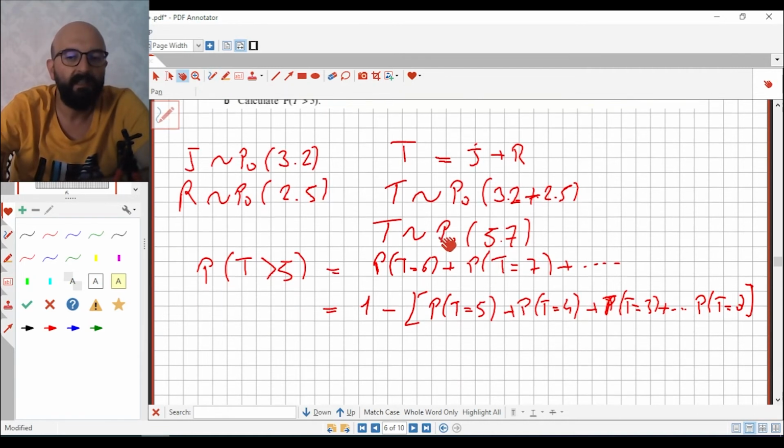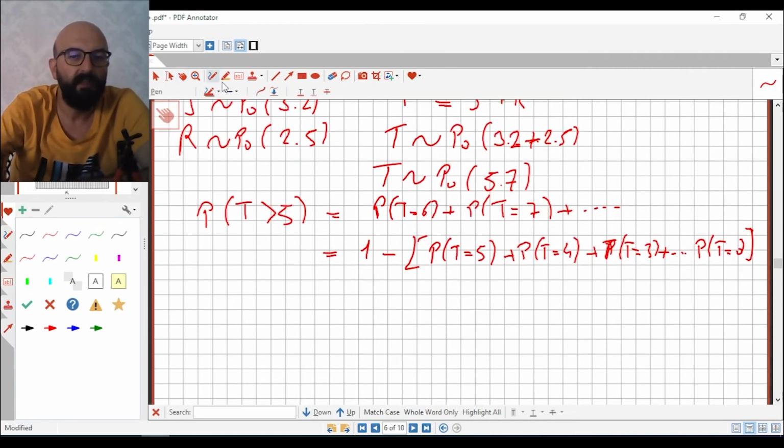Now in the Poisson distribution, each probability has e to the minus lambda.